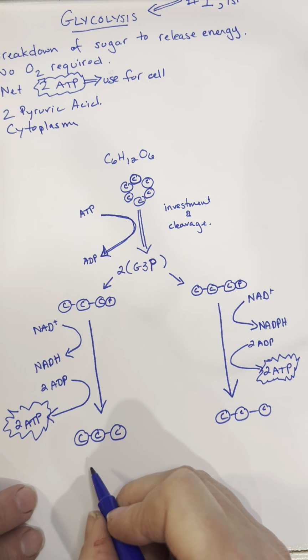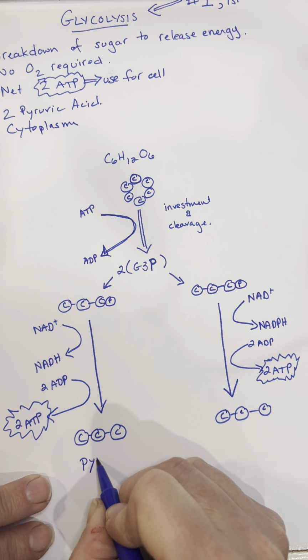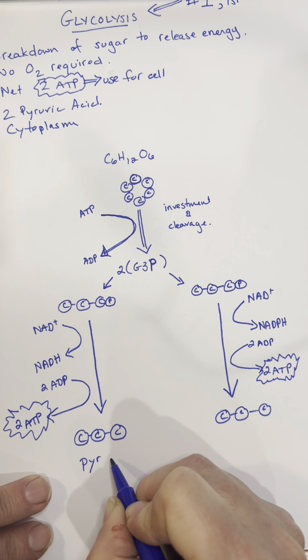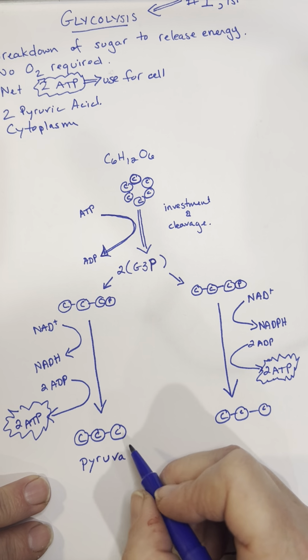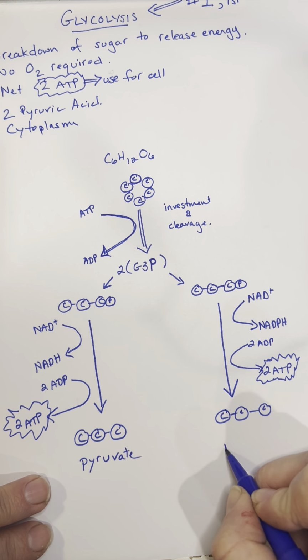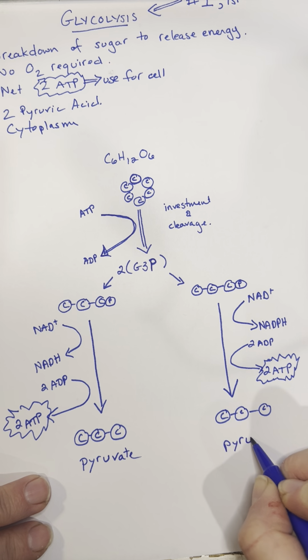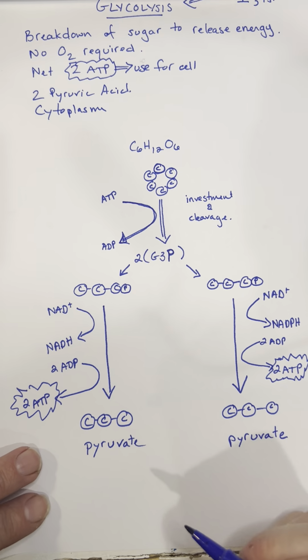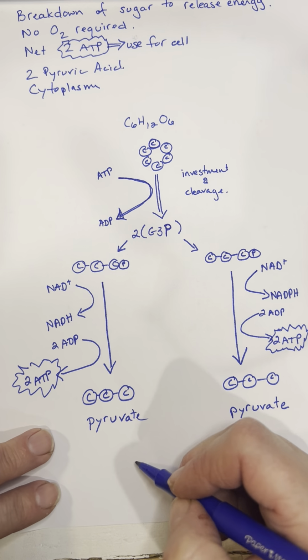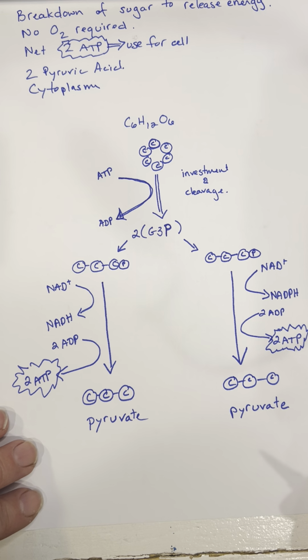And each of these pyruvates or pyruvic acids must be dealt with. And there is a lot of energy left in these molecules. What's going to happen to those molecules is going to depend on whether or not there's oxygen available to the cell and whether or not there's the correct cell machinery to deal with it.